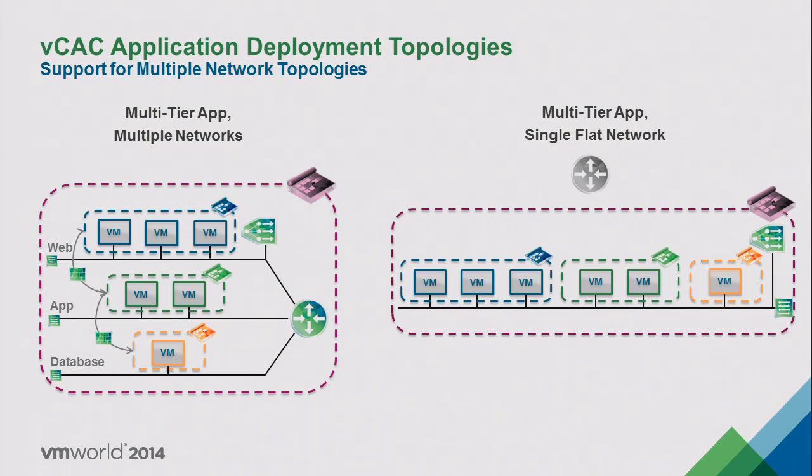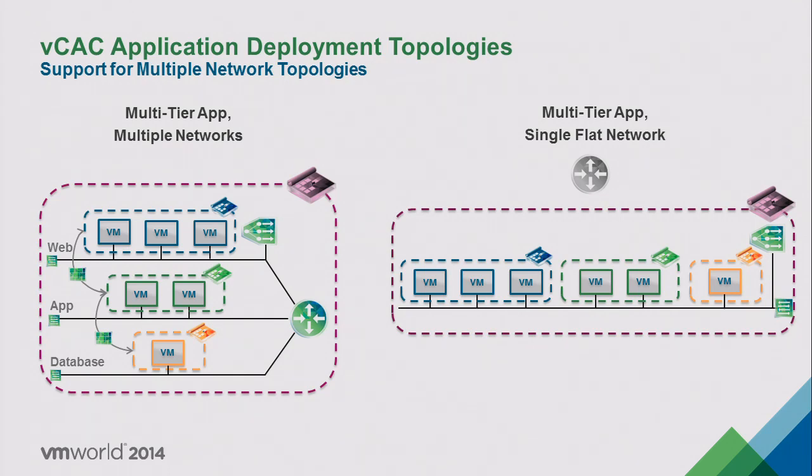And we also have on the right a more emerging model where we have a flat network, we have multiple security groups to keep that application context, but they're all sharing a common logical network. And the reason we can do this is the firewall enforcement with the NSX distributed firewall at the VNIC level.